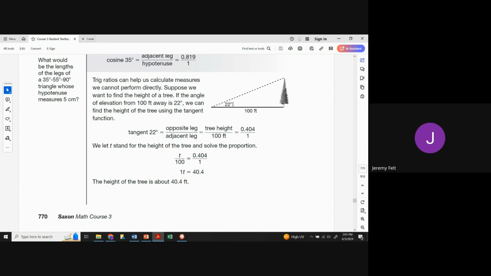So we know the angle of sight with the ground is 22 degrees. We know tangent is TOA, opposite over adjacent. The distance is 100 feet away. We could measure that with a tape measure, a rangefinder, or whatever. That's pretty simple to figure out. And we can calculate the tree height.